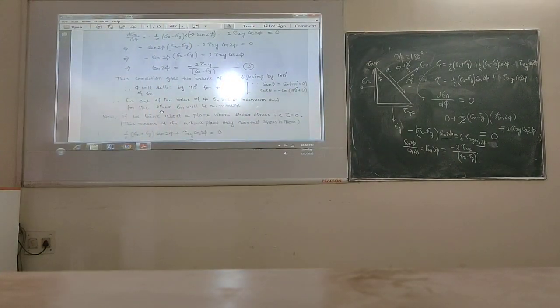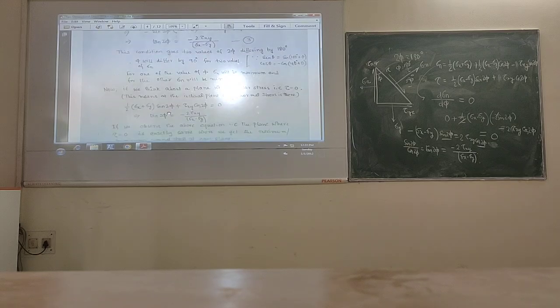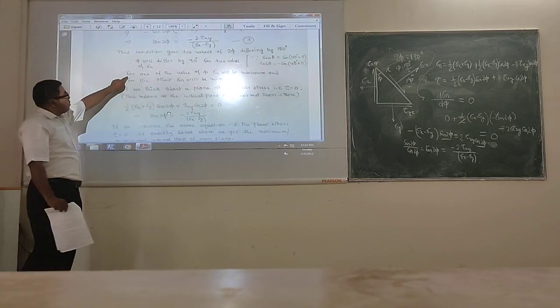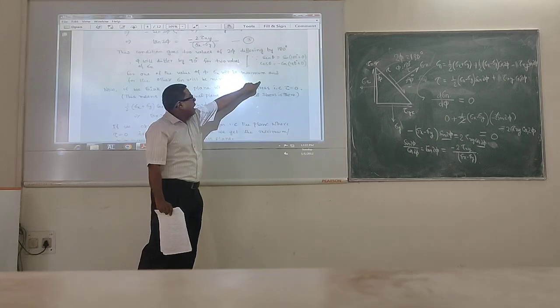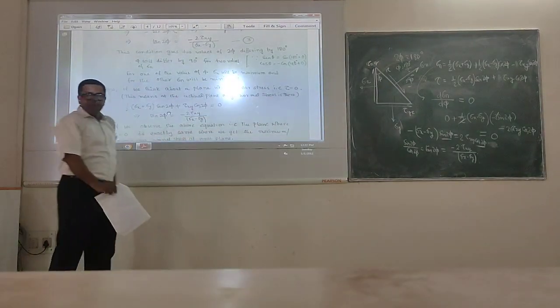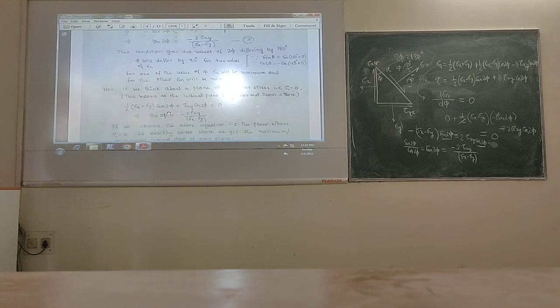So you can see for one value of phi, sigma n will be maximum, I have explained, and the other value will be minimum. Right? So now let's assume that a plane exists where the shear stress becomes 0.